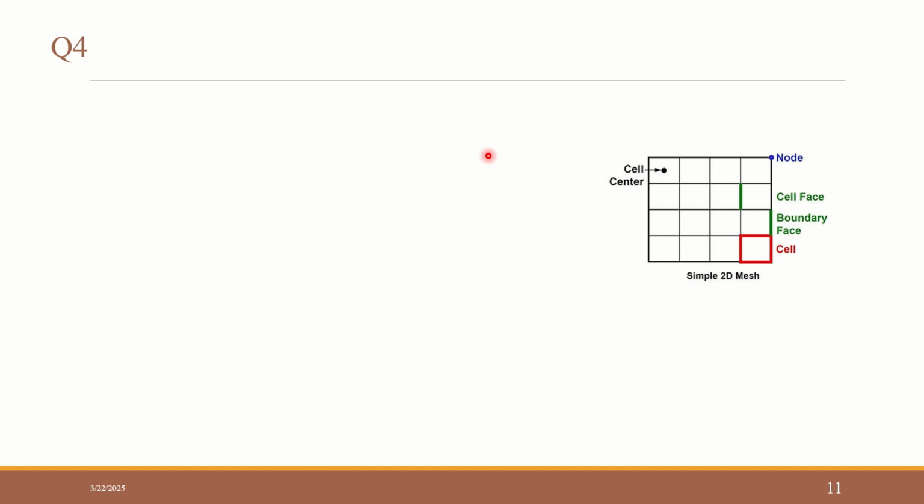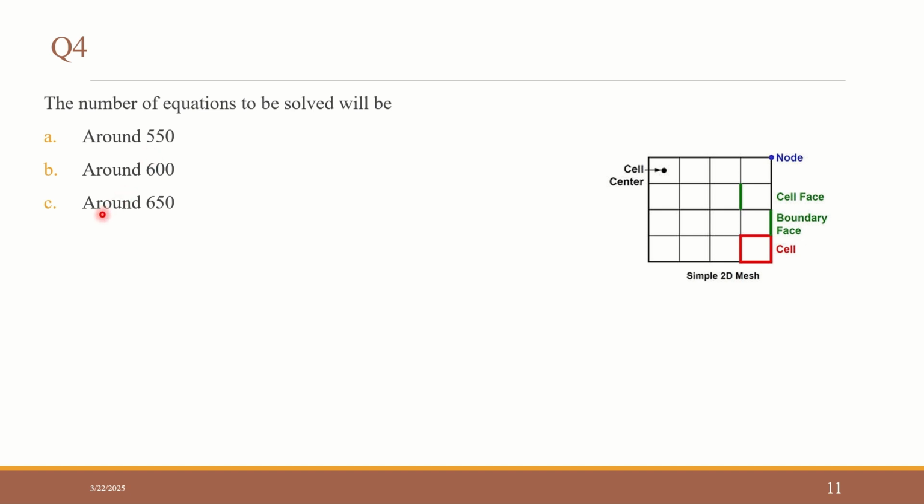Now coming back to question 4: the number of equations to be solved will be dash. Option A around 550, option B around 600, option C around 650, option D around 100. We need to identify how many equations we will be solving, which is equal to the number of unknowns.